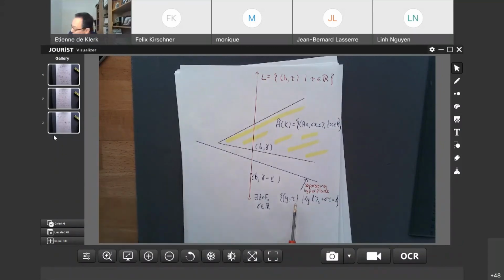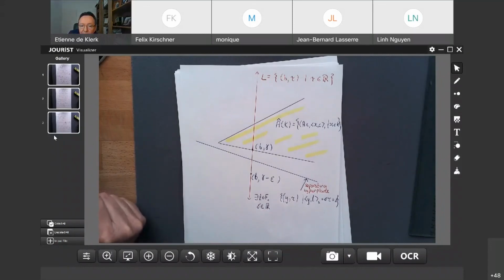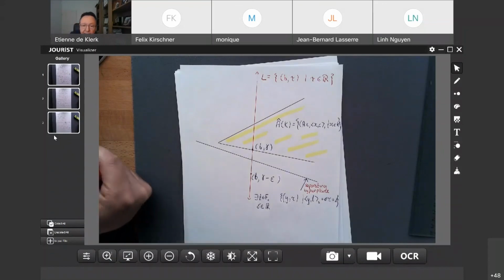Every y and tau that satisfies this equality belongs to this hyperplane here. So it's very important: we can write our separating hyperplane in terms of a continuous linear functional, and we know that it takes this form.